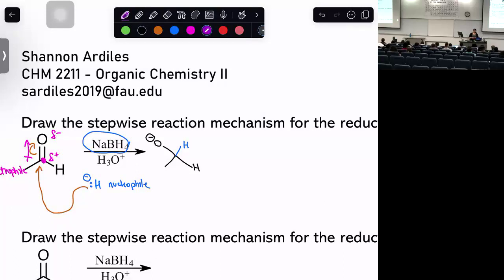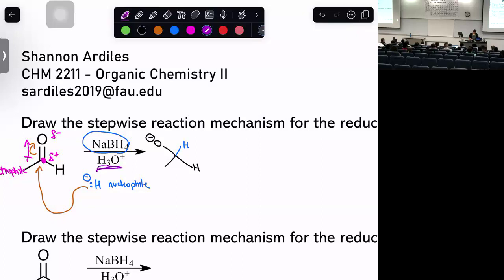Now, how am I going to finalize this reaction? What's going to happen? Do I do it again? Do I attack again this carbon again? We need to create our alcohol group in this case. So the only thing that I'm missing is just a hydrogen.